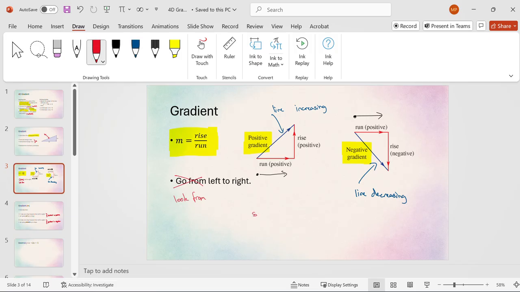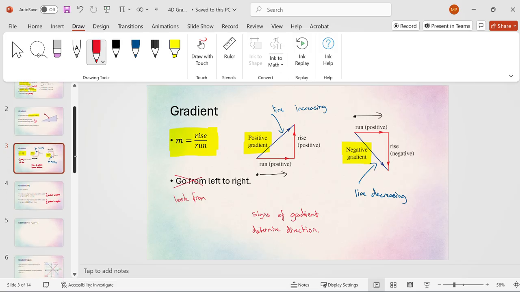Basically, the signs of the gradient determine the direction as to where our line goes. So whether it goes up, whether it goes down. Now, this only applies to a positive number gradient or a negative number gradient.